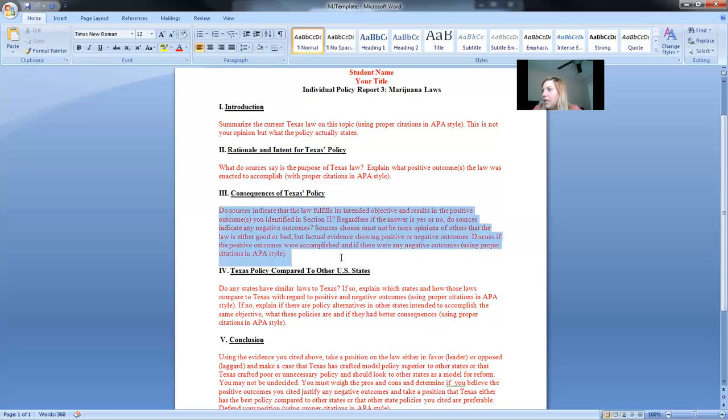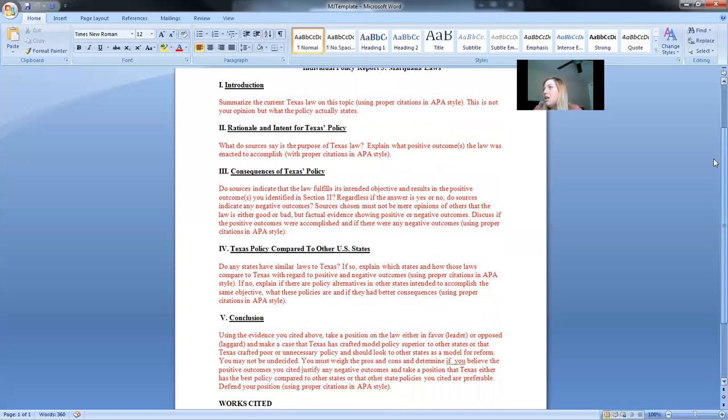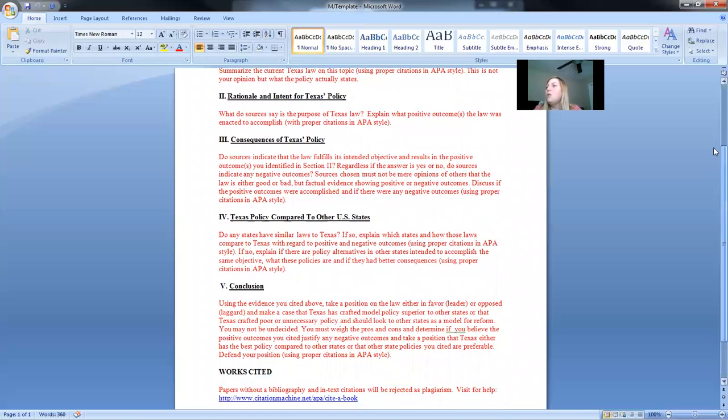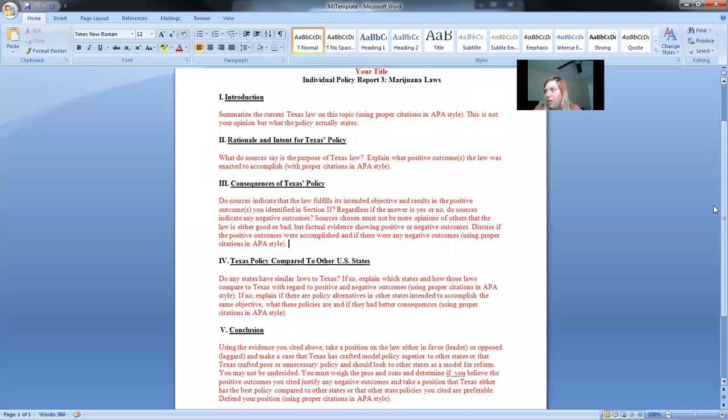Answer the question in here. Also, are there any negative outcomes from having marijuana illegal? So you guys know what I need. It's 20 points in this section, positive and negative outcomes. Obviously, being jailed is not a positive consequence, is it? So you know that's not the right answer for that.